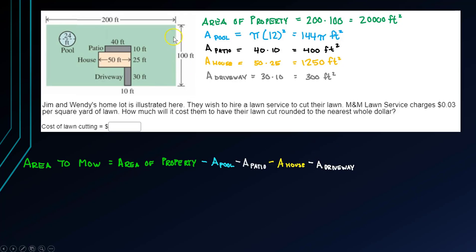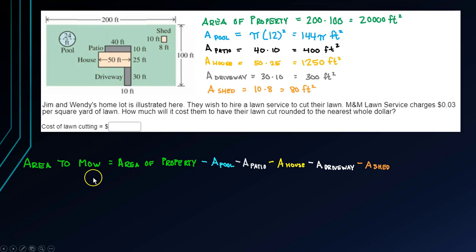And the last thing is a shed, which is 10 feet by 8 feet. Now, we're not dealing with the heights here because we really don't care. We just want to see how much of the lawn it's taking up. That's 80 square feet, which is taken away from the area of the property. So the area that's going to be mowed is the area of the property minus these other areas.